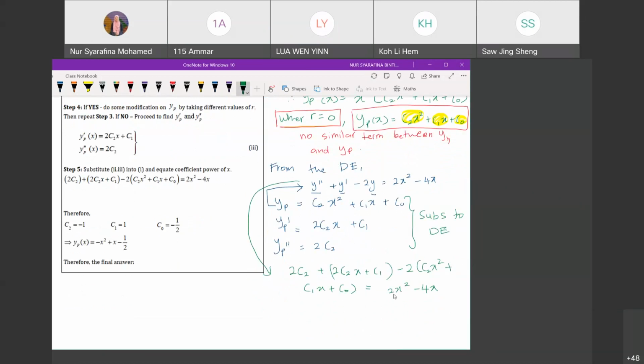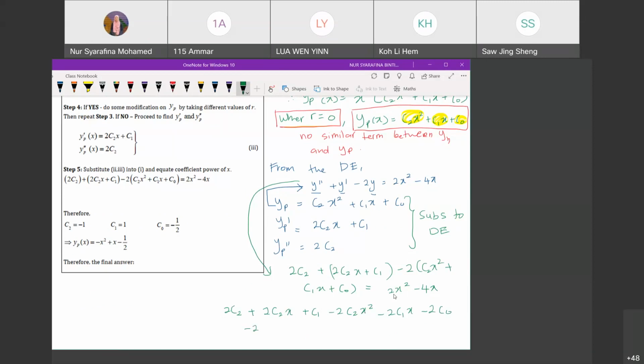We have here 2c2 plus 2c2x plus c1 minus 2c2x squared minus 2c1x minus 2c0. Rearrange.